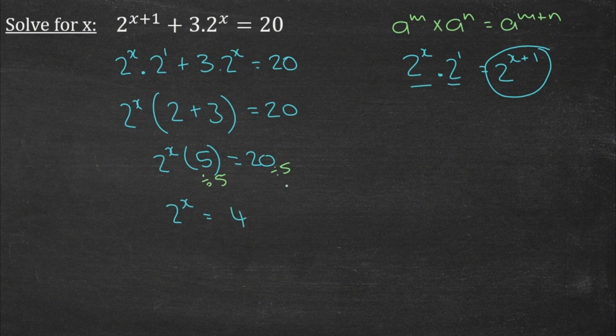Now we are getting somewhere. I can rewrite this 4 as a power with base 2. So I'm going to write 2 to the power of x equals 2 to the power of 2. Now we have same bases on both sides of the equation. So that means my exponents are equal. So I can write x equals 2. And that is the final answer.